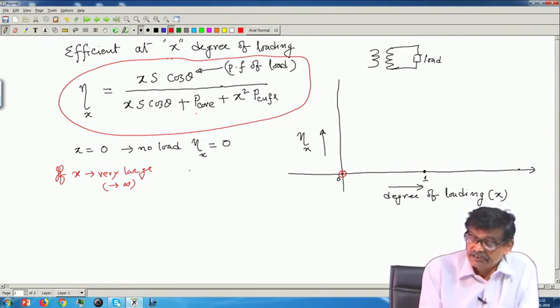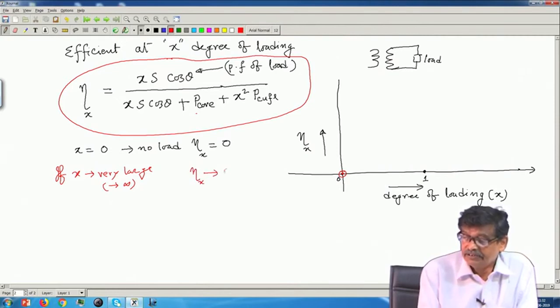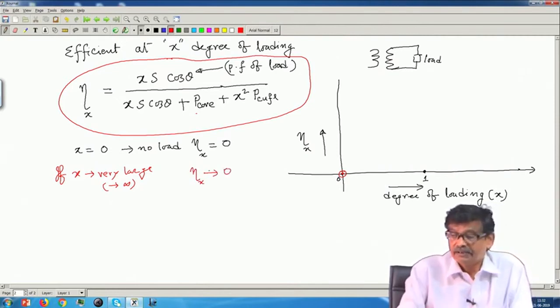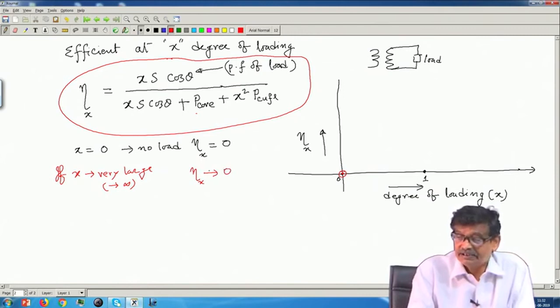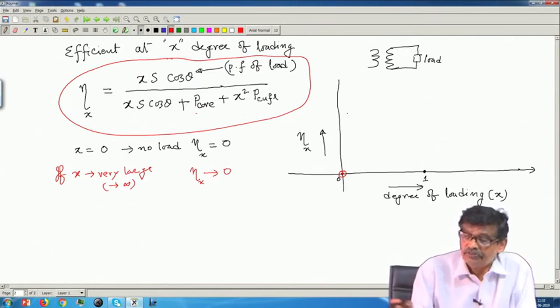Therefore, efficiency will tend to once again 0, because these terms with respect to x square can be neglected, and it will be some S cos theta by x P_CU full load. So, x tends to infinity means efficiency once again tends to 0.